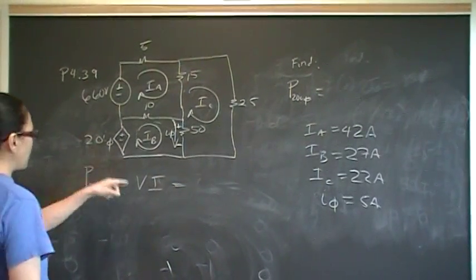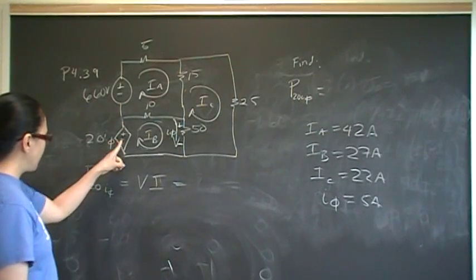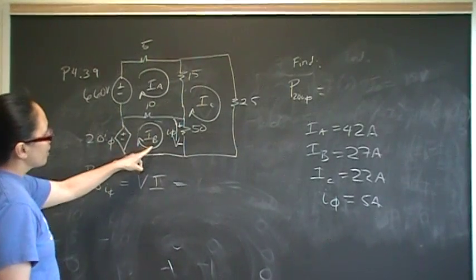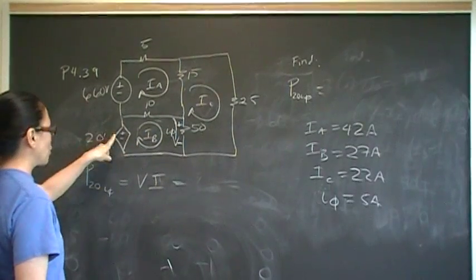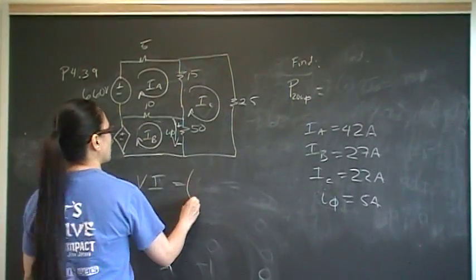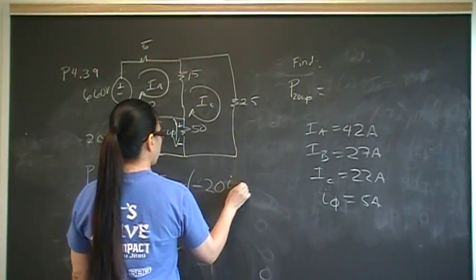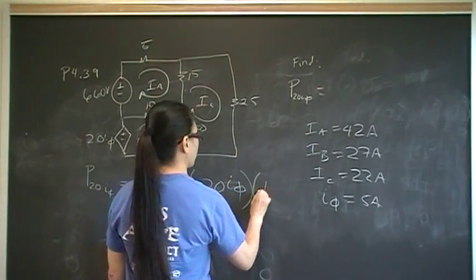Okay, so the sign of that voltage is going to be the first terminal encountered by the current. So positive current through a voltage rise is going to be negative voltage. Yeah, so negative 20 I-phi, that's the voltage, and the current going through that is IB.